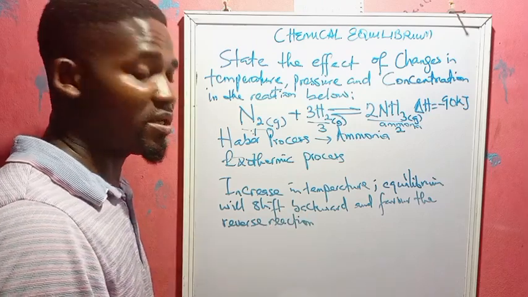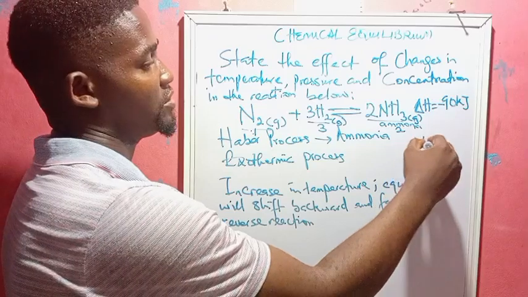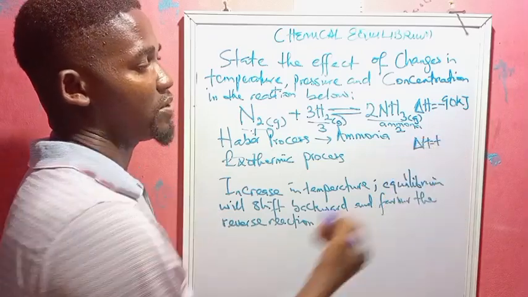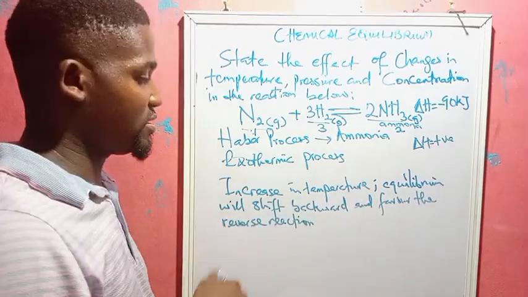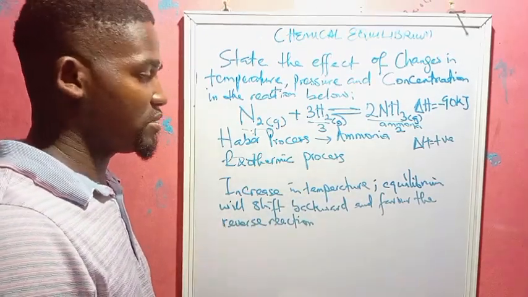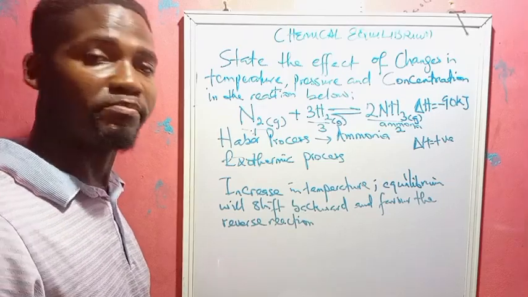This would not be the case if this were an endothermic reaction. If you had delta H equal to plus, positive, increase in temperature will favor the forward reaction. But since this is exothermic, increase in temperature will move the position backward.